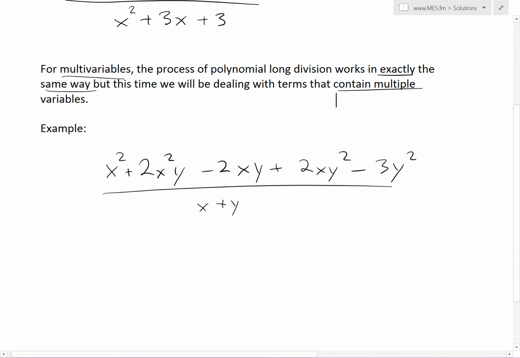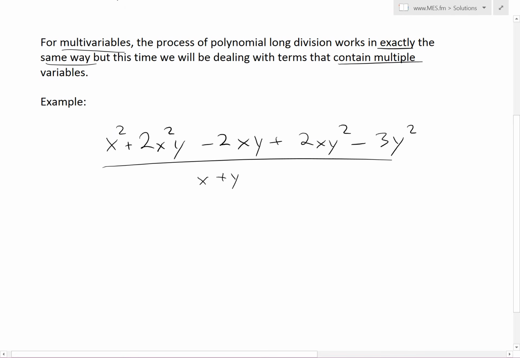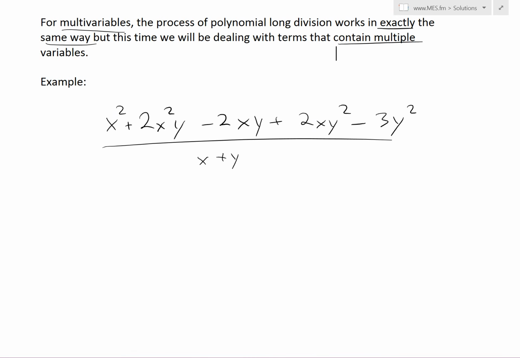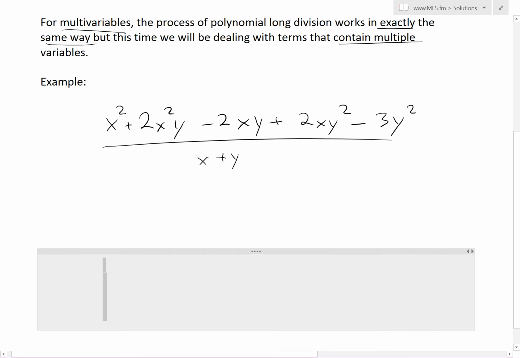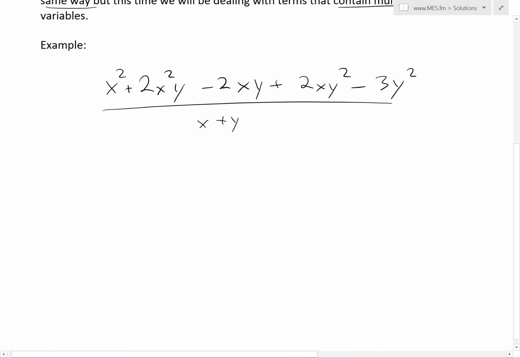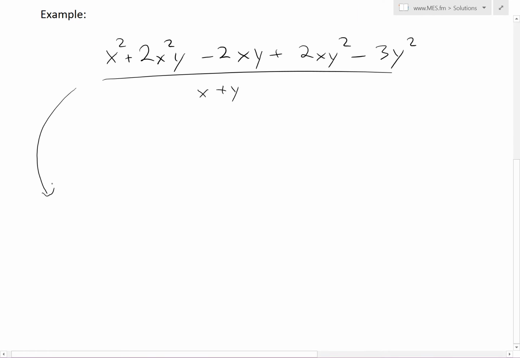I'll go over this example, which is right here: x squared plus 2x squared y minus 2xy plus 2xy squared minus 3y squared, all divided by x plus y. As you can see here, we are dealing with two variables, x and y, but we could do basically the exact same thing. So the first step in using polynomial long division is just writing this out like this.